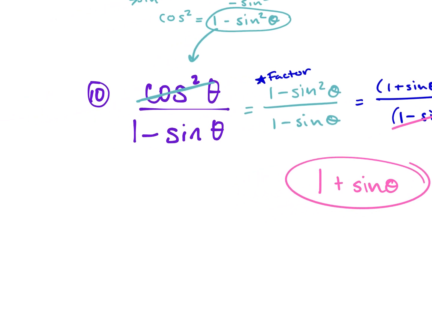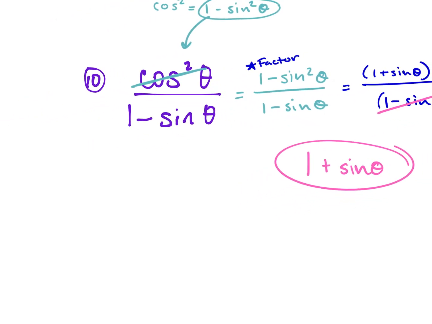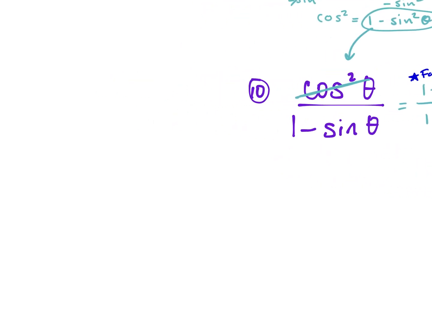In first period, they suggested another way to simplify this from the start: multiplying by the reciprocal. So if I had cosine squared over 1 minus sine, you could multiply by the reciprocal. We did this with one of the ones in the notes. So 1 plus sine gets multiplied to the top and the bottom.